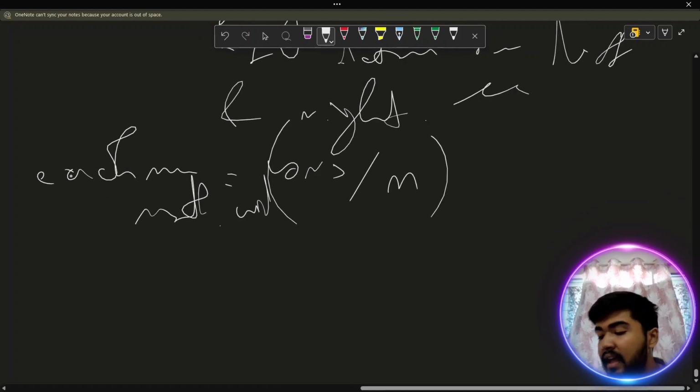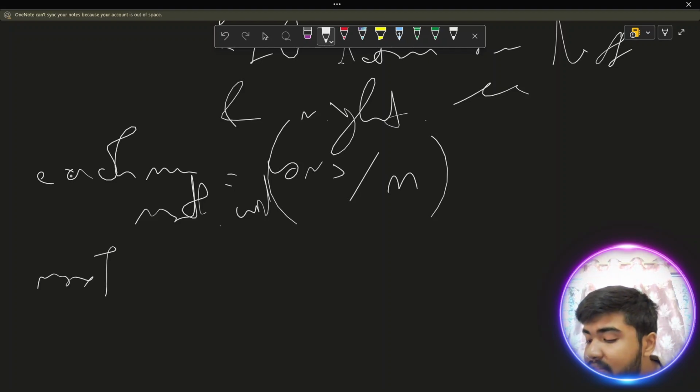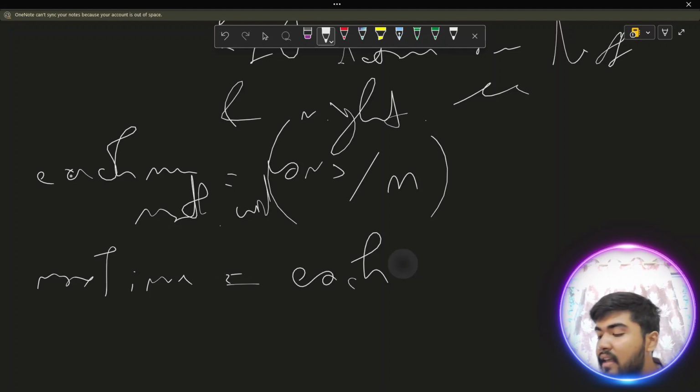Correct? And as we already took the assumption that each of the mechanics has identical ranking, all the mechanics are going to take an equal time to repair the cars. So what is the max time in this case? The max time is, each is going to be assigned cars, and if everyone is identical, then let's suppose ranks of 0.